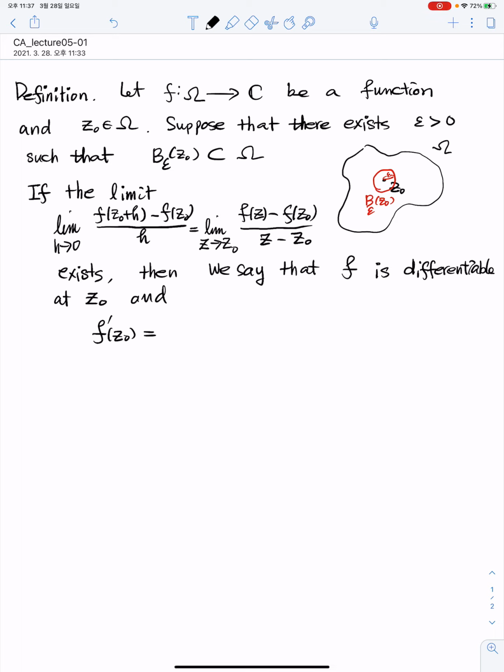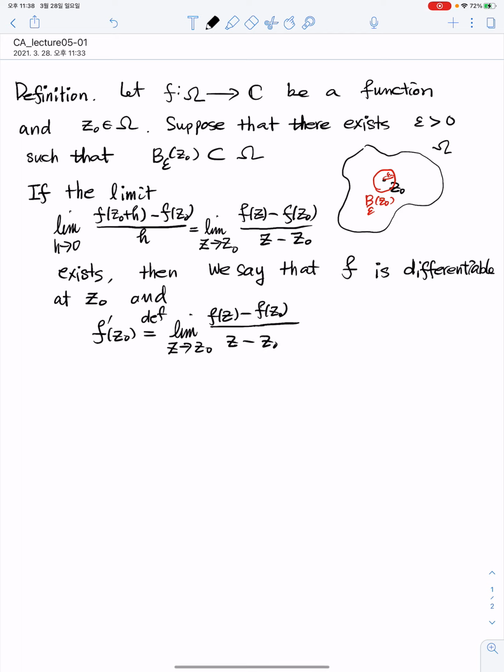So it's the limit, this definition. So limit z approaches z0, f of z minus f of z0, divided by z minus z0.